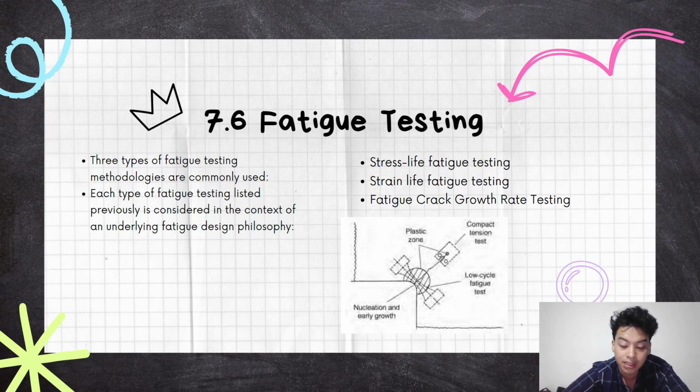Fatigue is the progressive, localized, and permanent structural damage that occurs when a material is subjected to cyclic or fluctuating strains at nominal stresses that have maximum values less than, and often much less than, the static yield strength of the material. In general, fatigue normally consists of a crack initiation phase followed by a crack propagation phase.